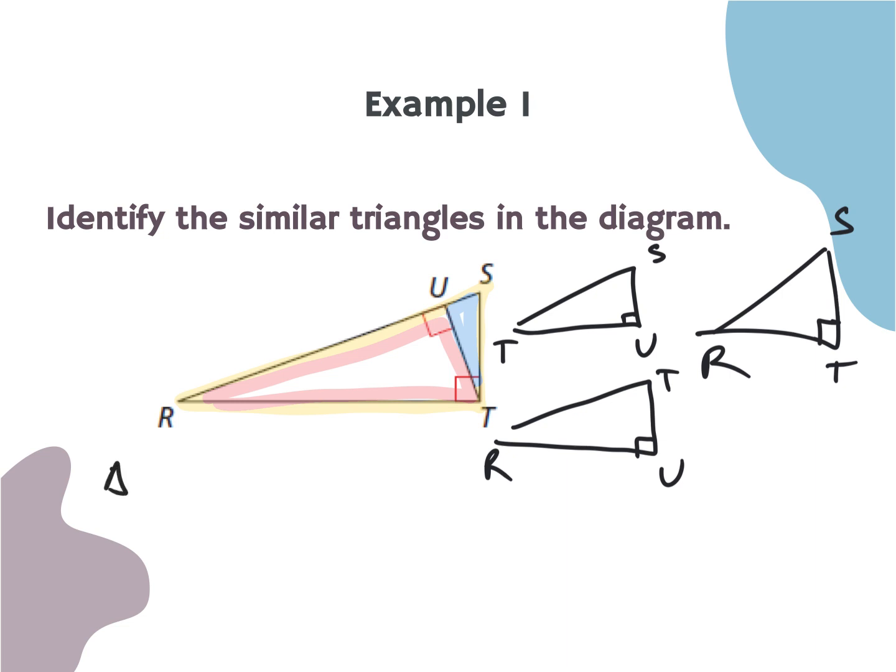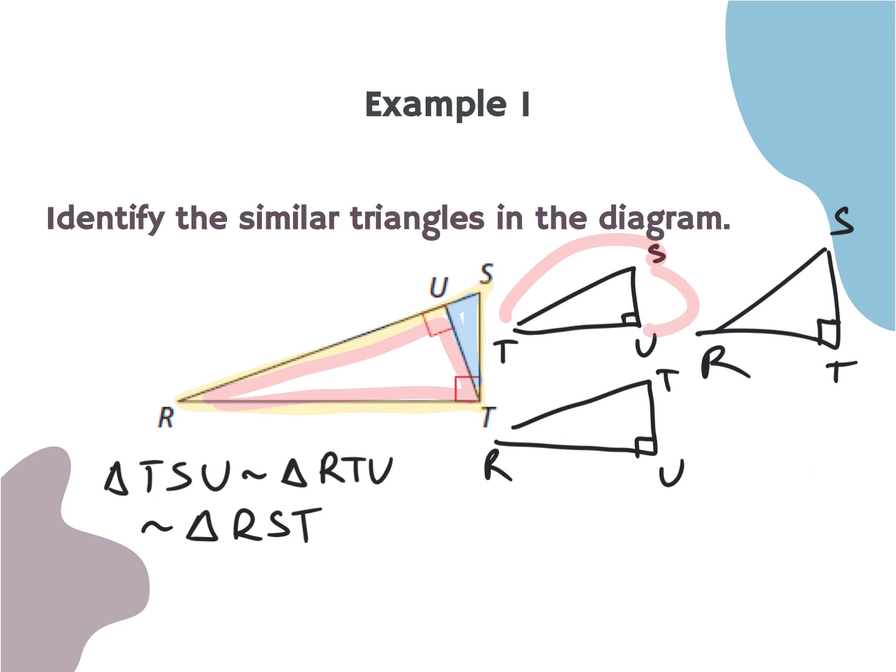So I can say triangle TSU is similar to triangle RTU, which is similar to triangle RST. So I went T, S, and then U, R to T and then to U, and R to S and then to T. So it is important that you guys write it in the correct way.